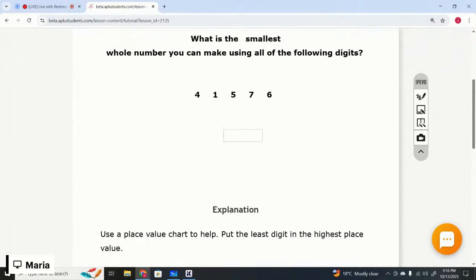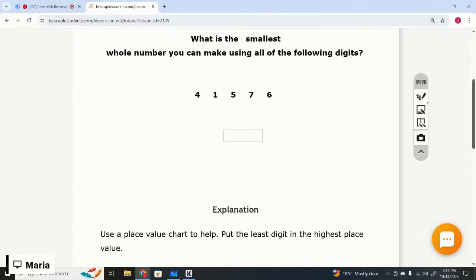So we are given 5 digits. We need to make the smallest whole number by using these digits. So how do we make it? We have to use the place value chart. So you need to write down the smallest number at the highest place value, right? Because we are going to make the smallest number.